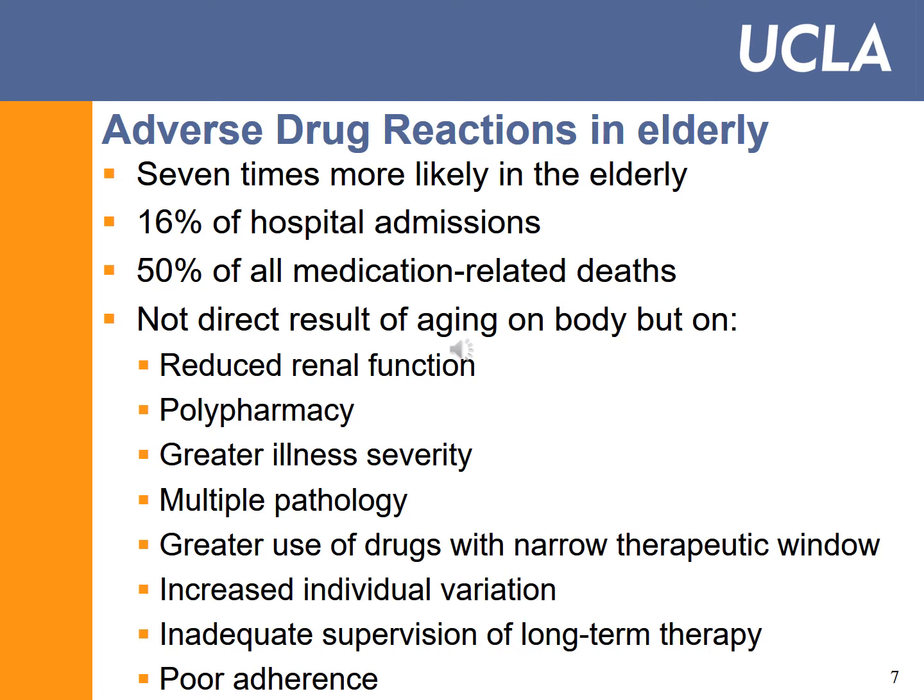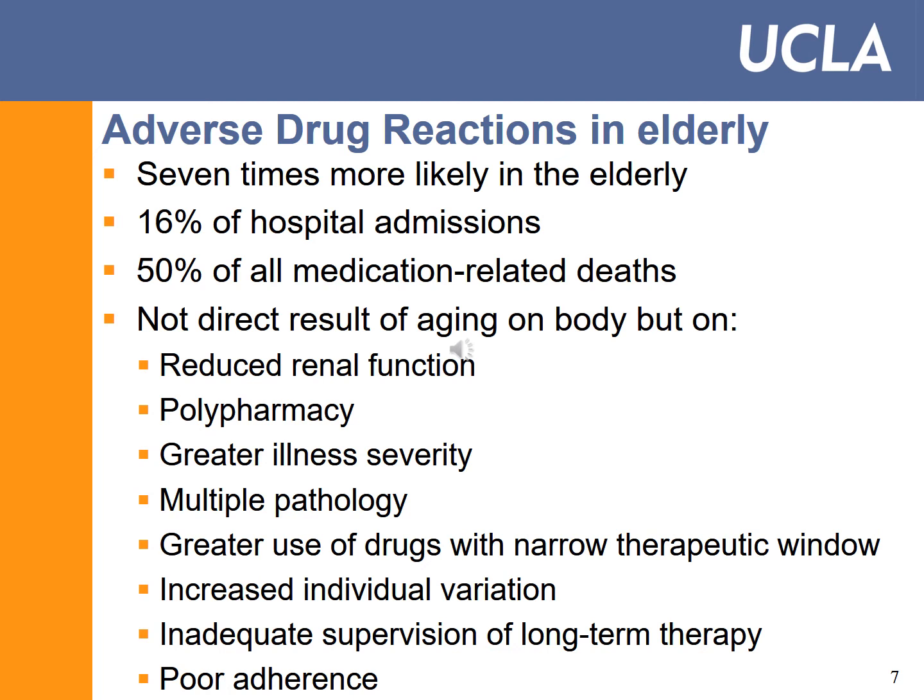There is more individual variation in elderly. In long term therapy, they don't necessarily have adequate supervision. As they get older, sometimes they cannot read the label on the drugs, or they get confused about which drug they took and which one they haven't taken yet.